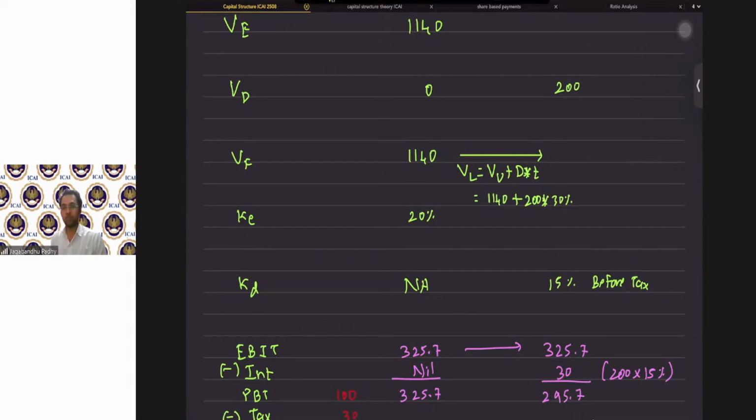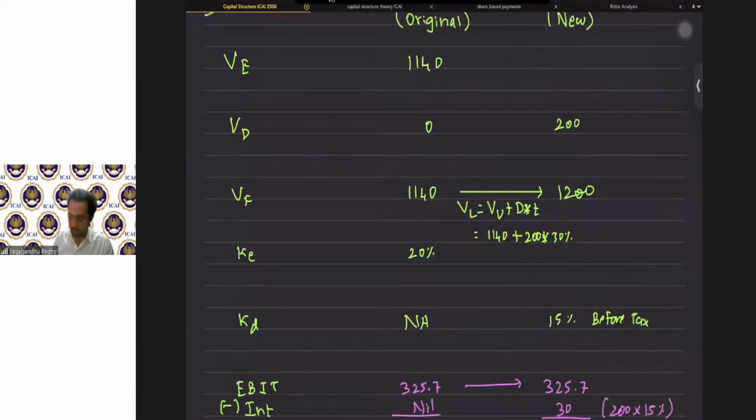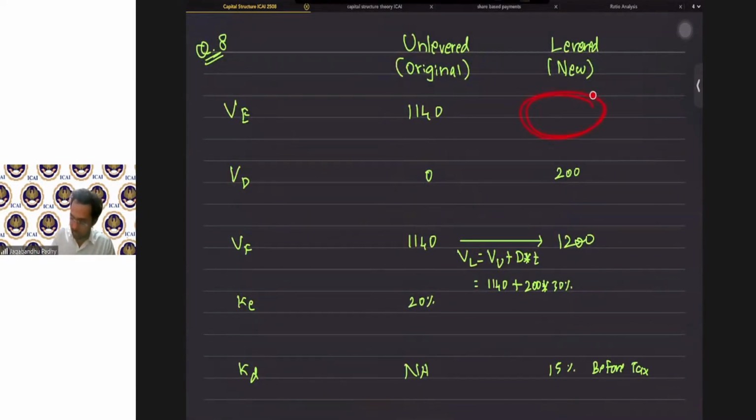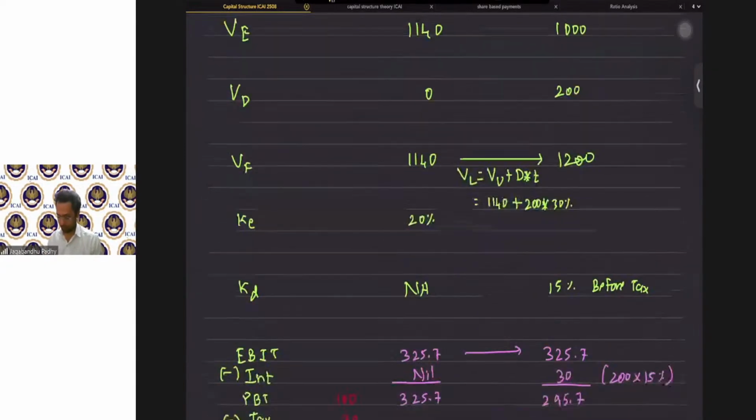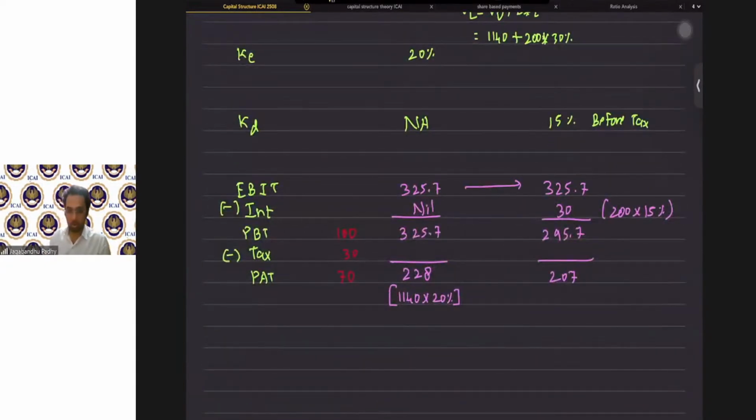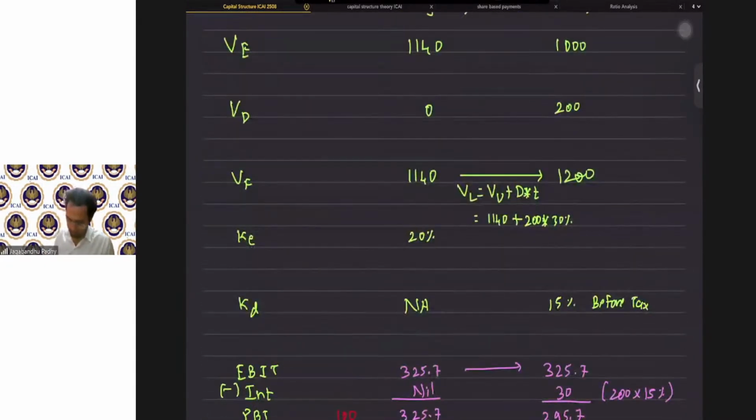So 1140 plus 200 into 30% makes it 1200. And since the value of the firm is 1200, by doing a reverse calculation, we can get the balancing figure as value of equity, which is 1000. Right? So here we have filled up everything. Now we are left with just one figure.